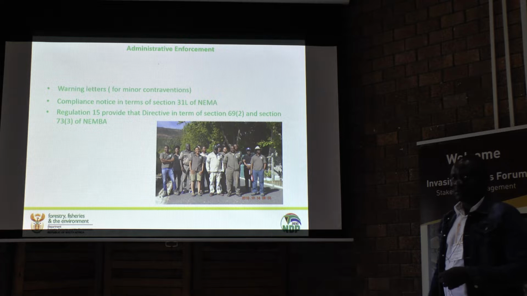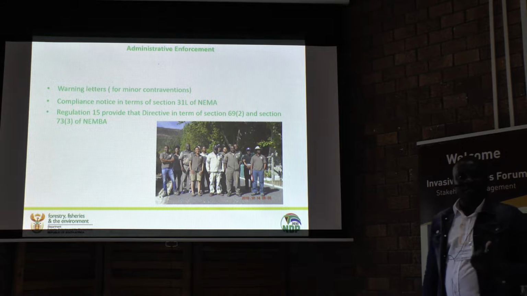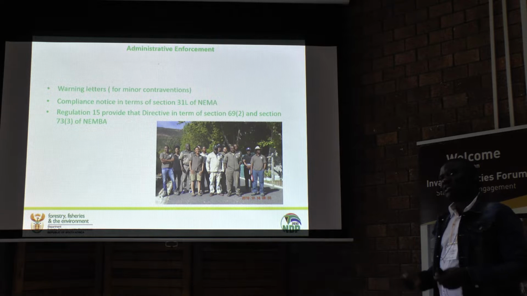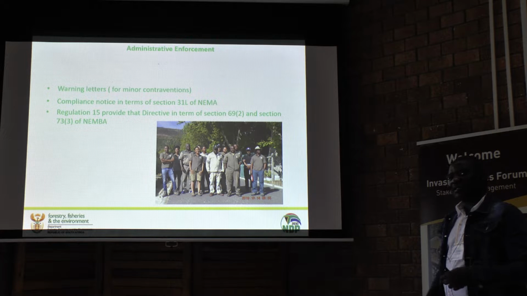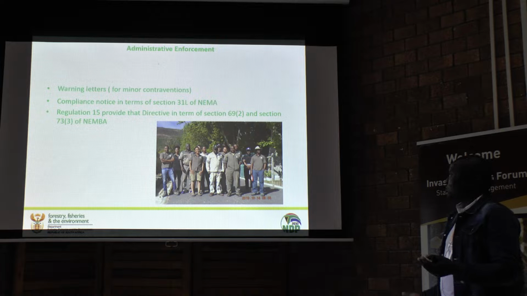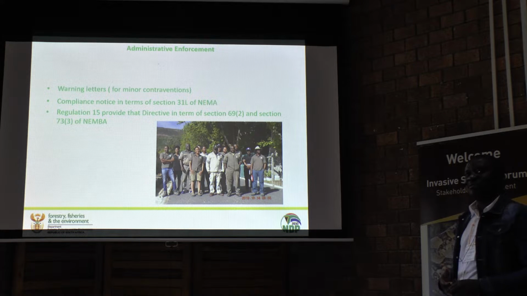Because sometimes you might not have submitted a control management plan whereas you are busy clearing, but because you didn't tell us, we will come and conduct a follow-up inspection. And if we find that you are doing nothing, then that's where it goes to criminal.